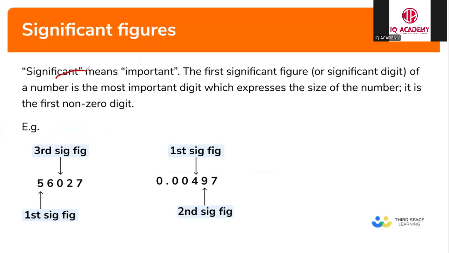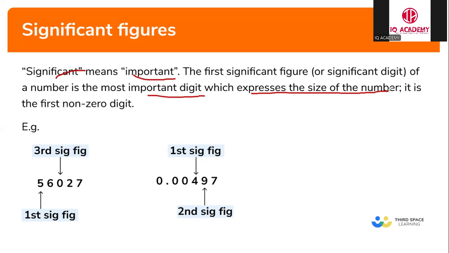We're saying significant actually means important. The first significant figure, or the significant digit of a number, is the most important digit, which expresses the size of the number. It is always non-zero if that number is in the first position.